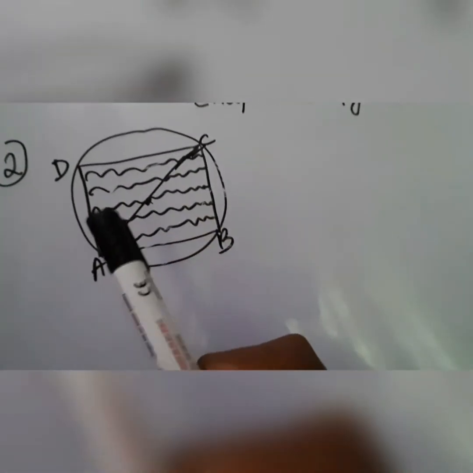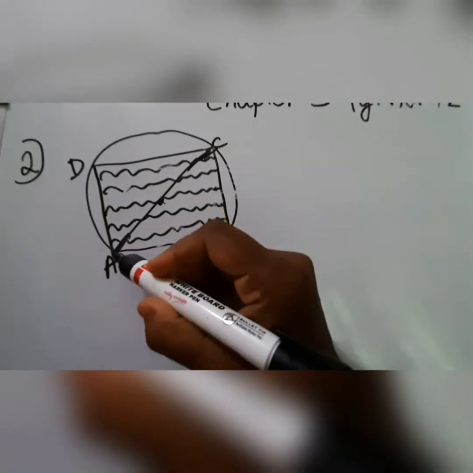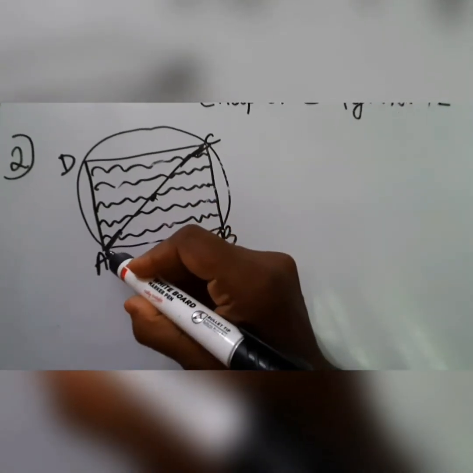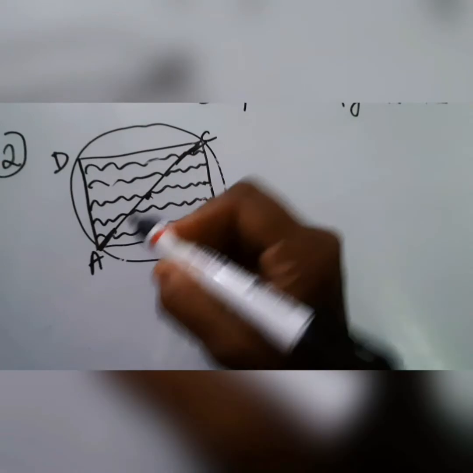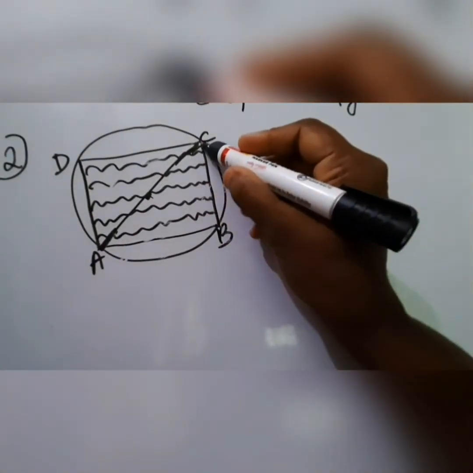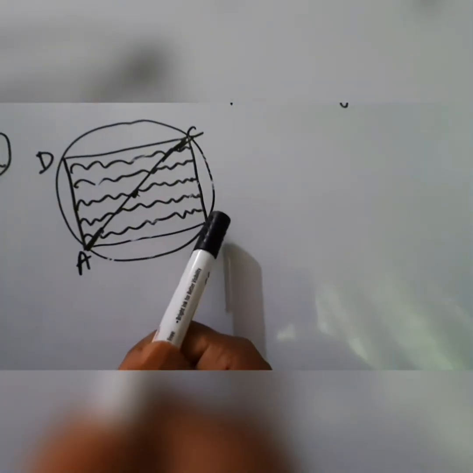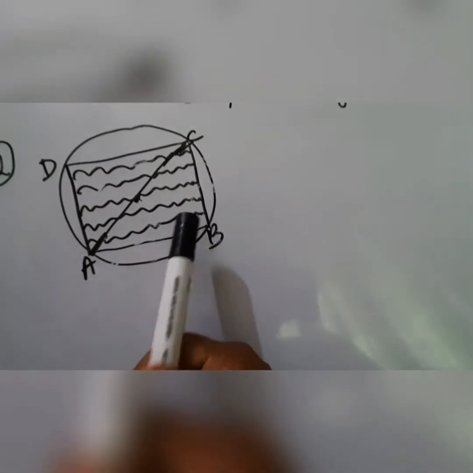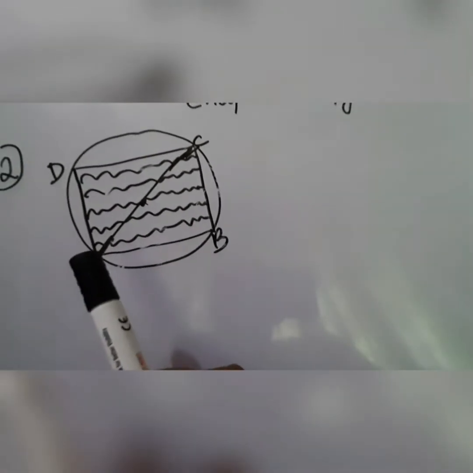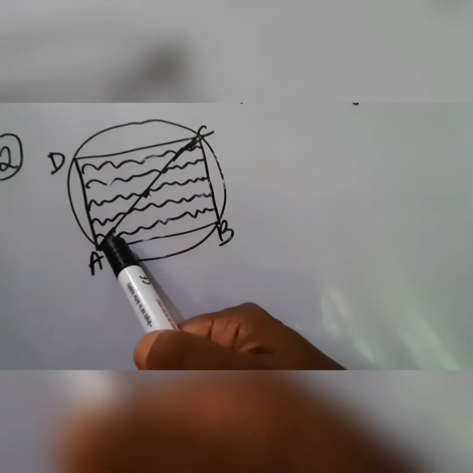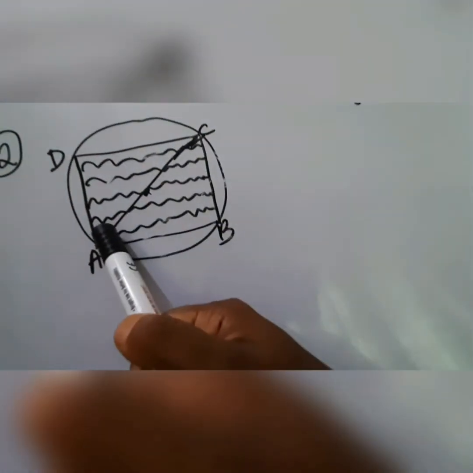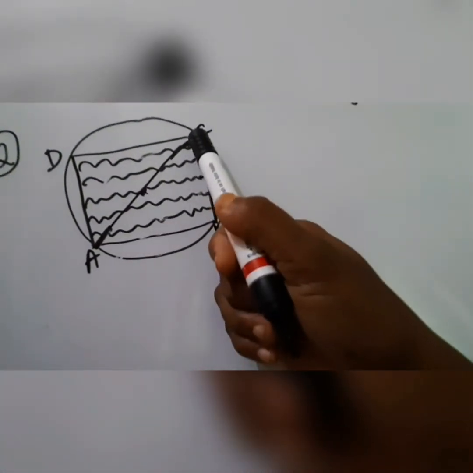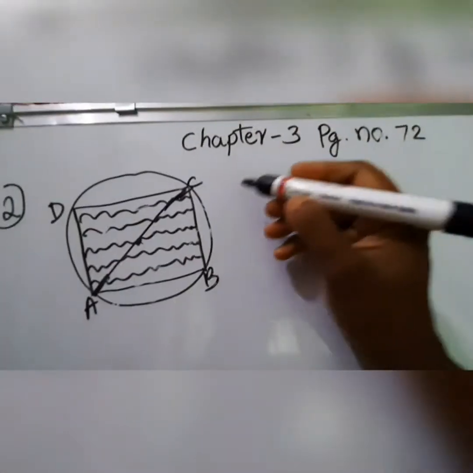For that, first I am joining this A to C. So that is the diagonal of this square. Now we know that this diagonal is same as the diameter of circle.